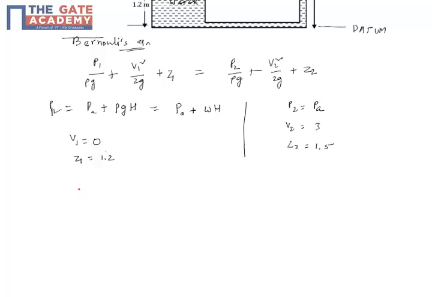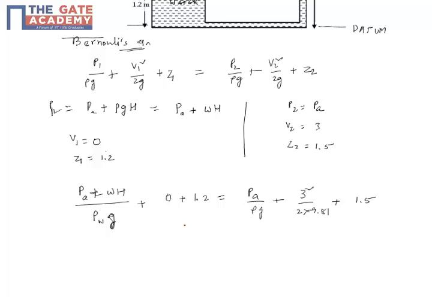Substituting all that, what we get is Pa plus W h by rho g, where this rho is of water because the fluid to which we are applying Bernoulli's equation is water, plus v1 square, v1 is 0, plus z1 which is 1.2, is equal to P2, again Pa by rho g, plus velocity 3 square by 2g, where g is 9.81, plus z2 which is 1.5.